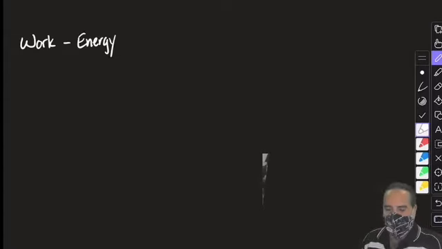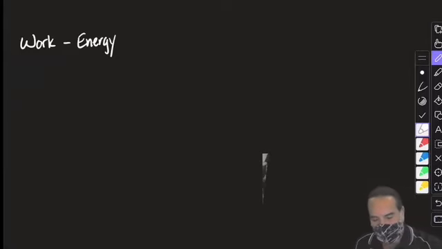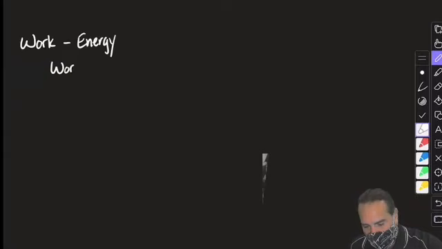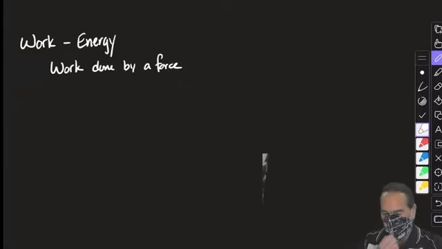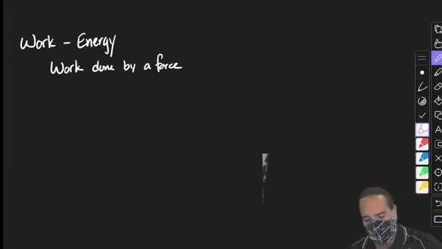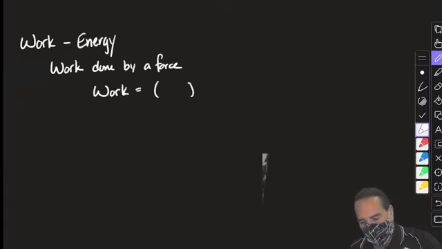All right. So we're talking about work and energy. So far, we've talked specifically about work done by a single force. When we talk about work done by a force, there are three buckets that have to be fulfilled, because we're talking about what that force does in moving the object.